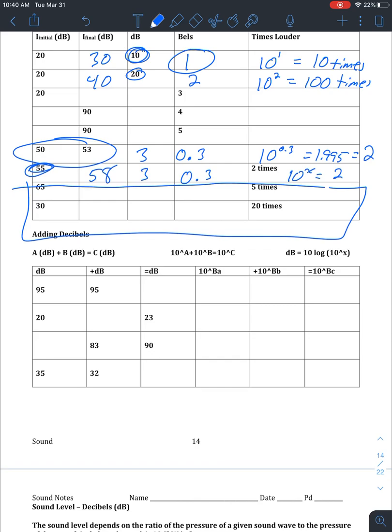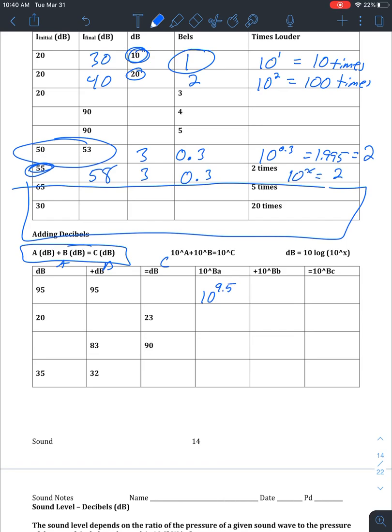So in this first one, we're basically going to be doing like we did before. It's like A, B, and C columns. So 95 plus 95 is not going to equal 190. It's going to be something else. So what we have to do is, I'm going to kind of test your understanding here, is 10 to the 9.5.